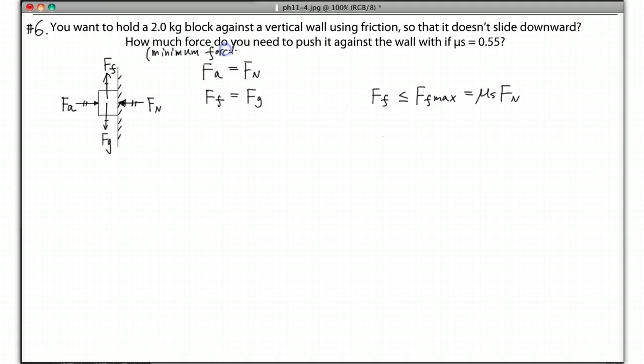So if you analyze this equation, in order to make Fn minimum, you have to make the friction force the maximum.